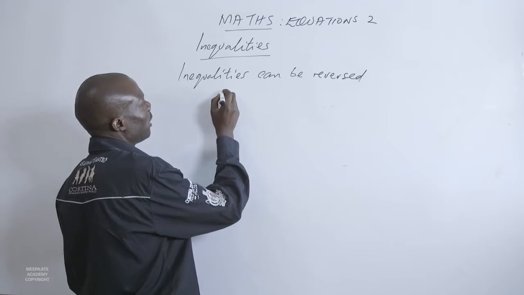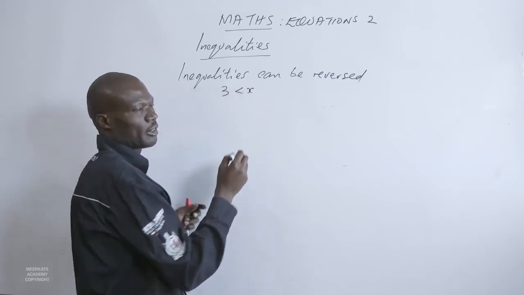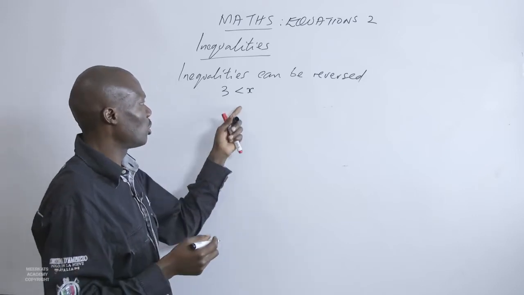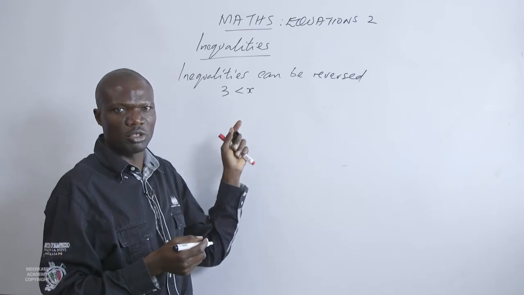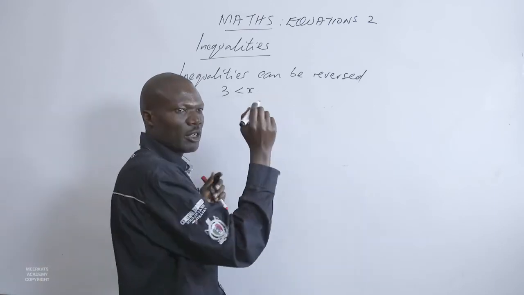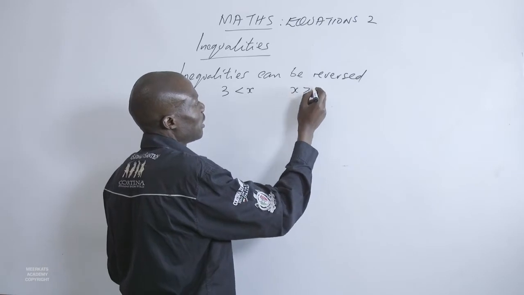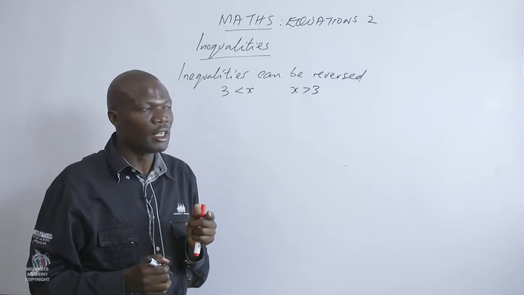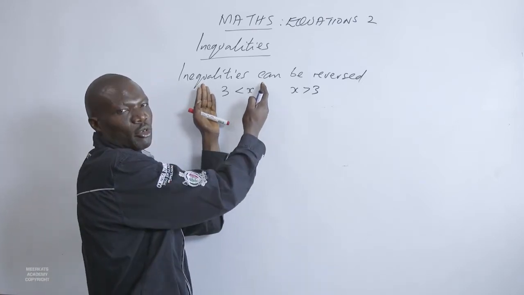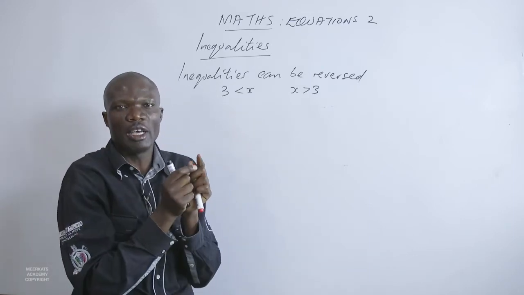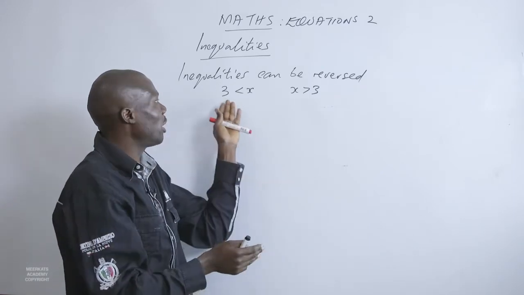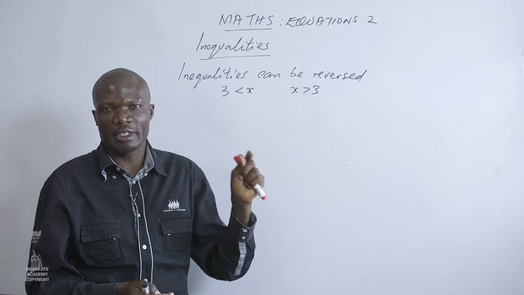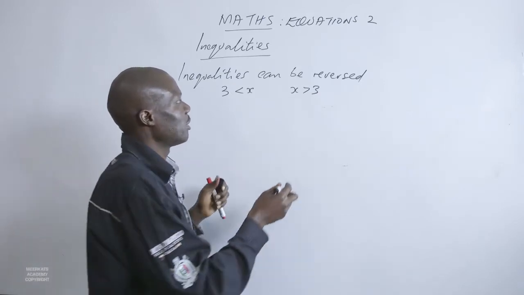If we have a statement like 3 is less than x, this is true because if 3 is less than x, it will be true for an inequality to also read x is greater than 3. We have reversed this, but the sign has also changed. Which one is greater here between 3 and x? You'll say x is the largest. So 3 is less than x, and x is greater than 3. These are equivalent inequalities.